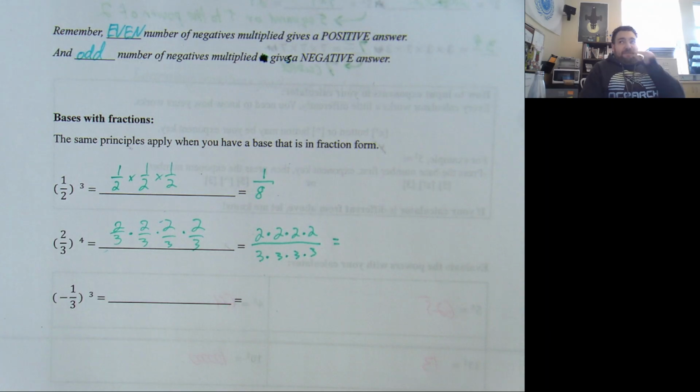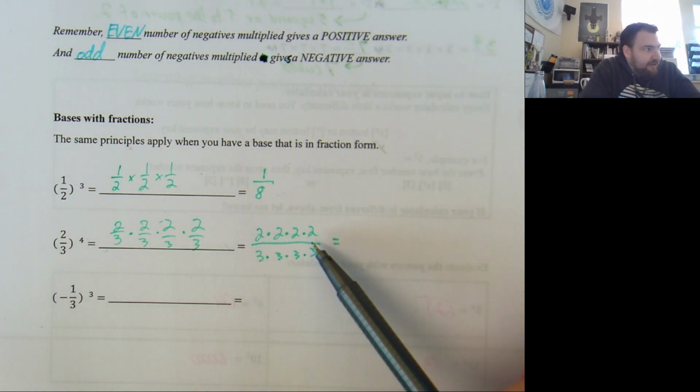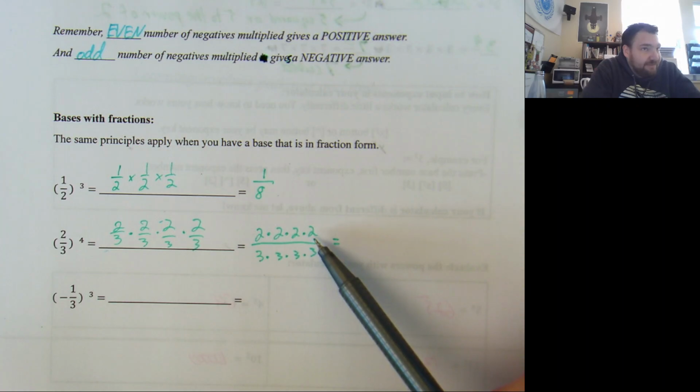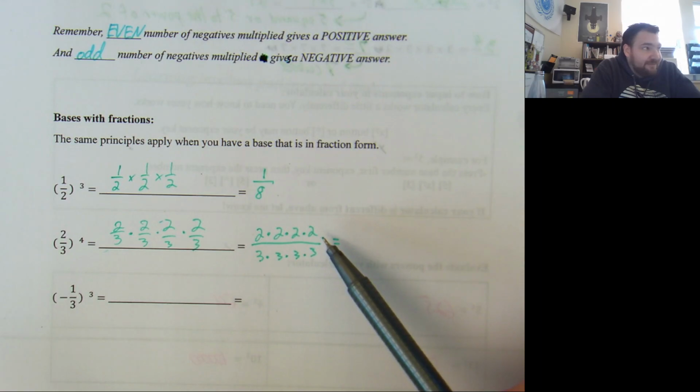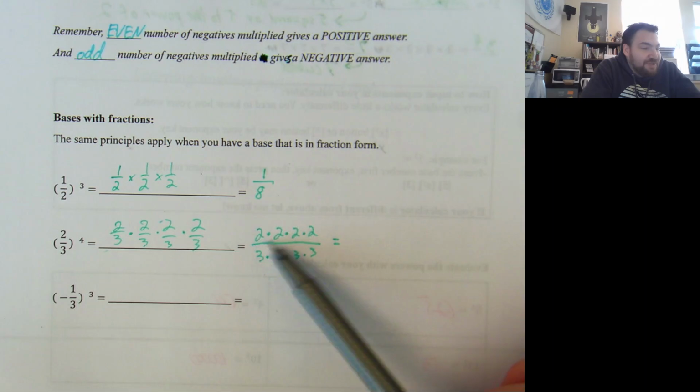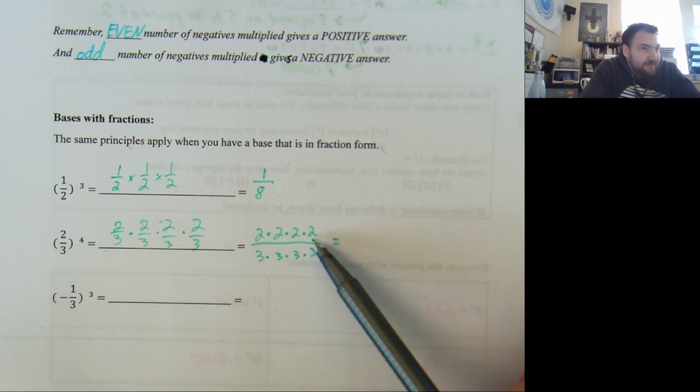I could rewrite that in a different form of exponent notation. If I have 4 2's repeatedly multiplied together, how could I write that? How many 2's do I have multiplied together? 4 of them.